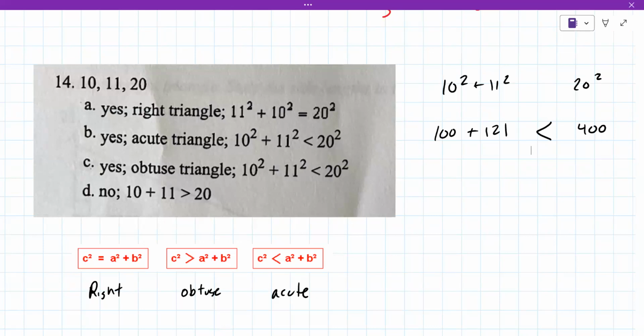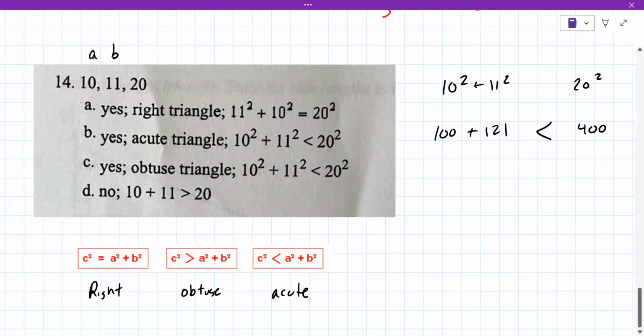Is that okay? Clear? Yeah, sorry, I was just writing down the little picture you pulled up. So we would square. The biggest side is always going to be C, right? That's right.